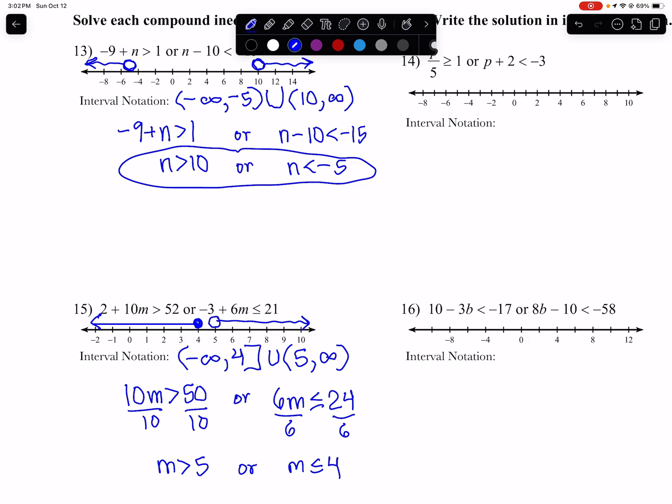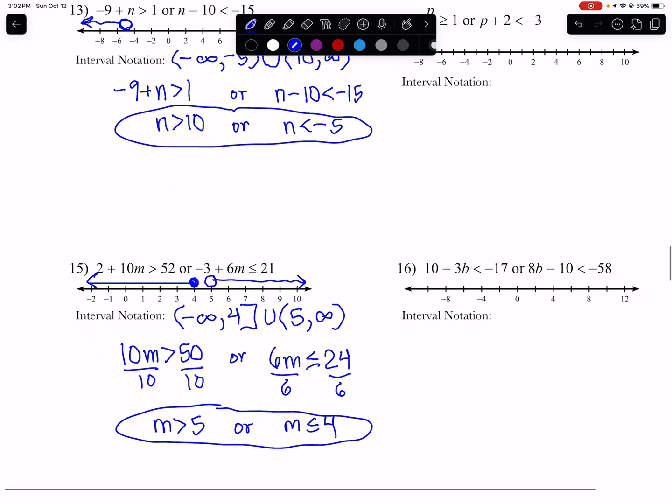So take a moment to look at how these are similar and different. They're similar because they're both or. They have the same look. They have two arrows pointing away. They're different because one of them has a solid dot. And that changes the interval notation a little bit, but all in all, a very, very similar problem.